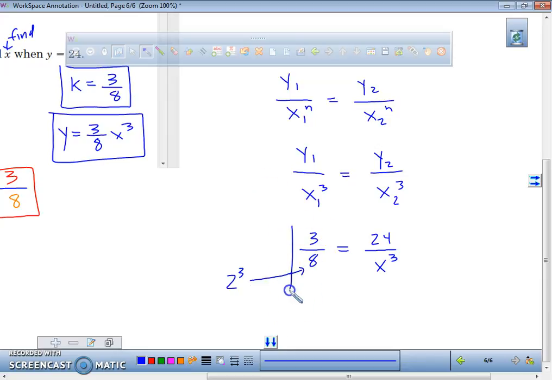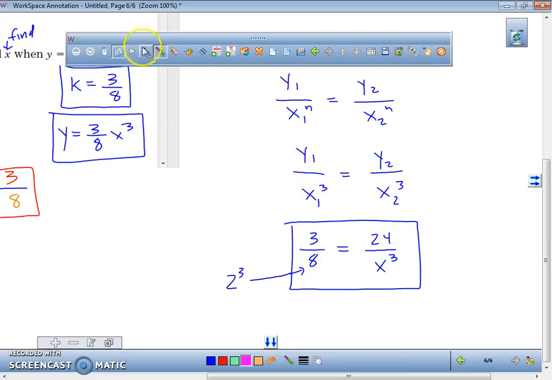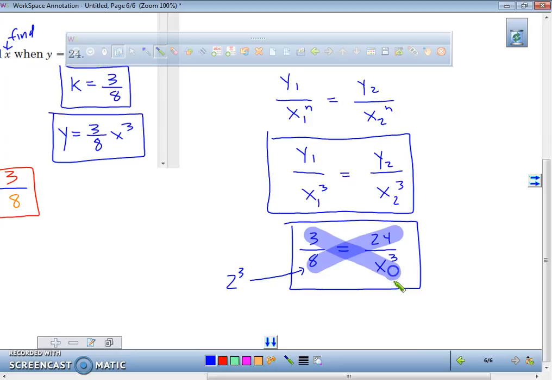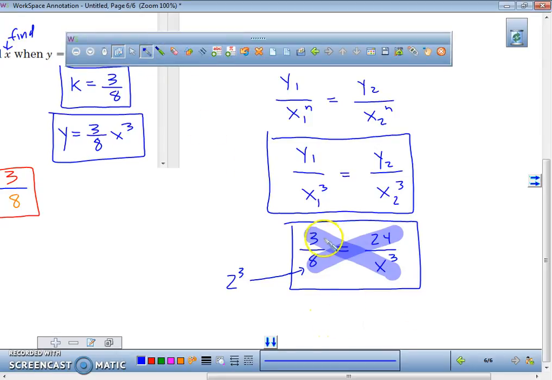Now automatically, when you look at this, what does that prompt you to do? Cross multiply, solve the proportion. That's why this formula is very, very useful. You can just plug in numbers, cross multiply, and solve. So what are our cross products? One of our cross products is 3 times x cubed, and the other cross product is 8 times 24.